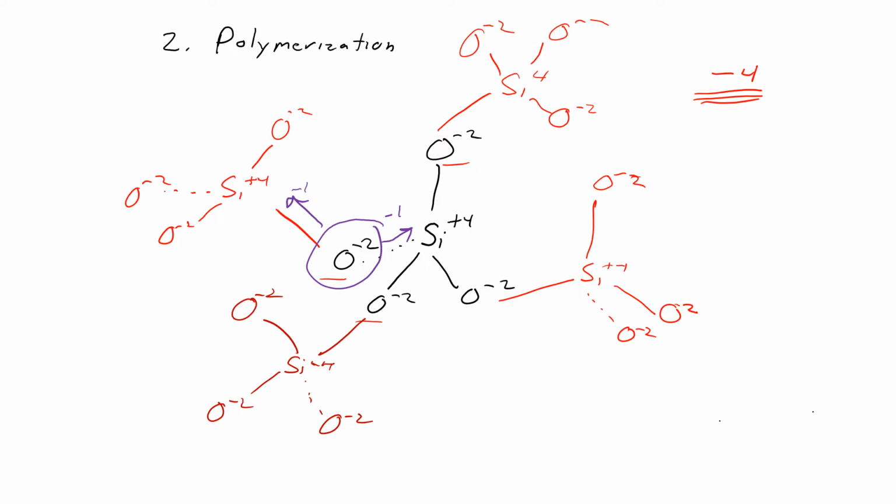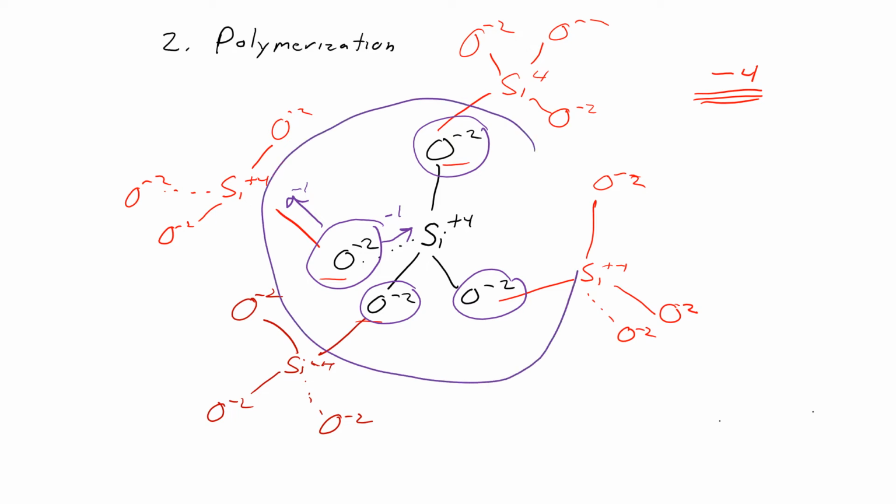And if you do that for each of these oxygen, what is the net charge on this particular tetrahedron? Well, it gets a -1 from that oxygen, a -1 from that oxygen, a -1 for that oxygen. It then shares the other charge with the adjacent tetrahedron. Now add these up. -1, -1, -1, -1. That makes -4, which happens to balance out perfectly with the +4.